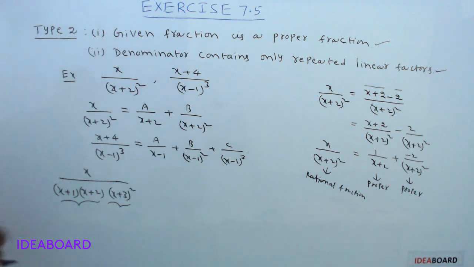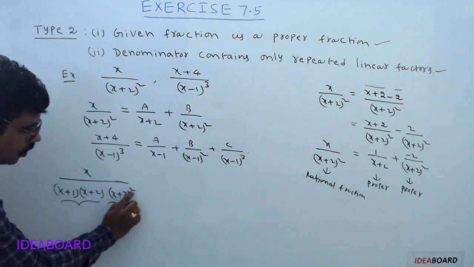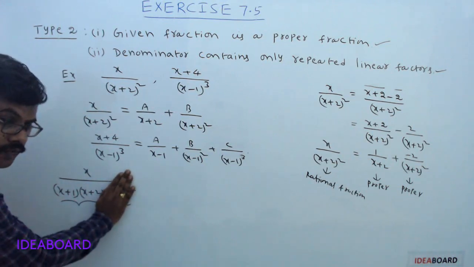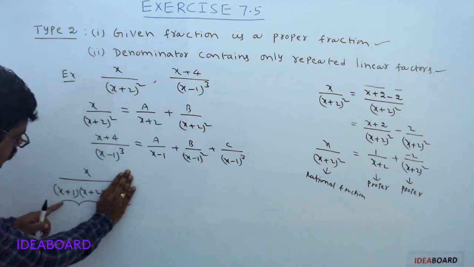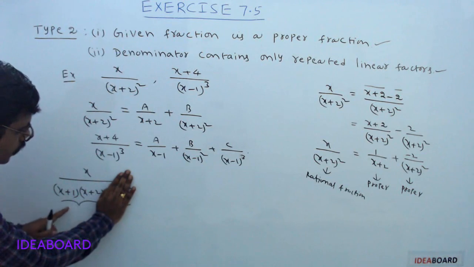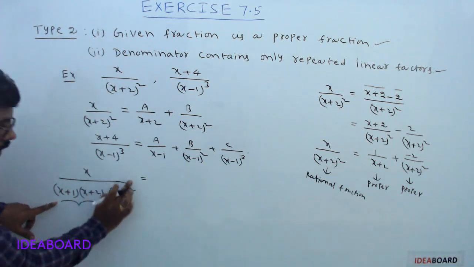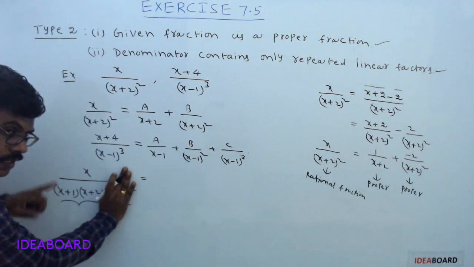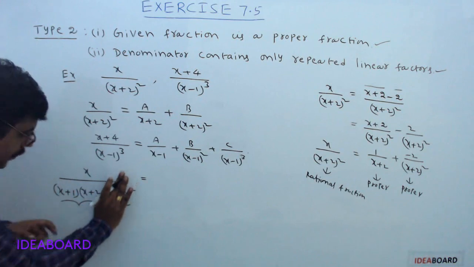Now see carefully. First you can close the repeated linear factors. First write down the partial fractions of these non-repeated linear factors.